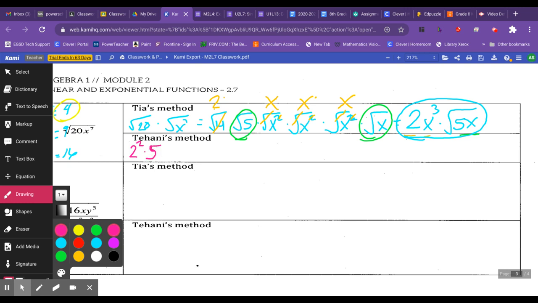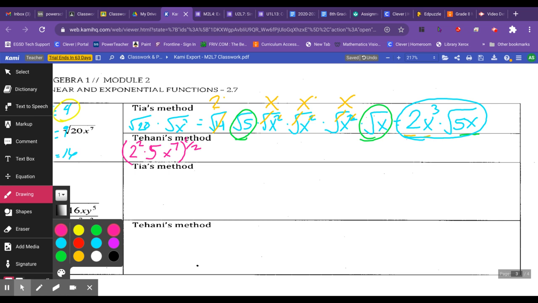So the prime factorization of 20 is 2 squared times 5, and then times x to the 7th, all of them to the half power because it's the square root. So I went ahead and split up the 20 into its prime factorization.